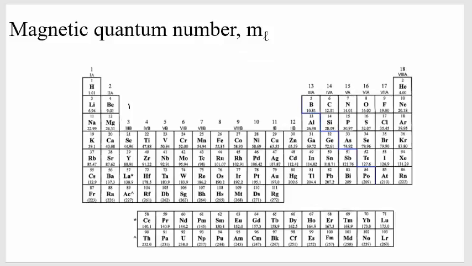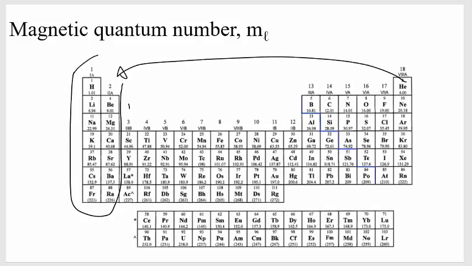So let's talk about the M sub L values, and let's start with this area of the periodic table, including helium. We know that this area of the periodic table has an L value of 0.